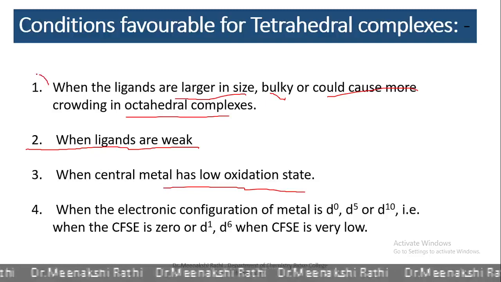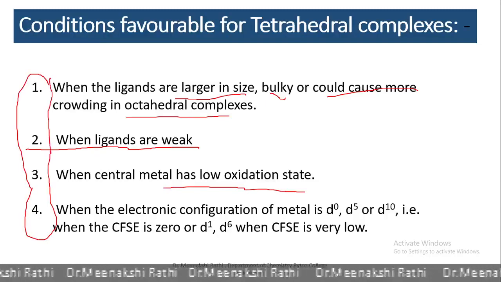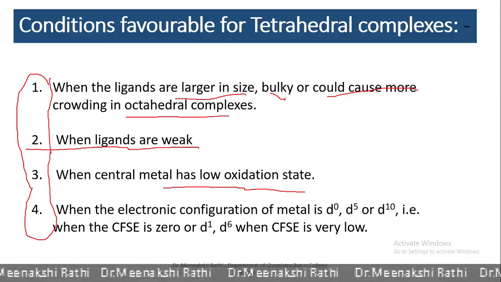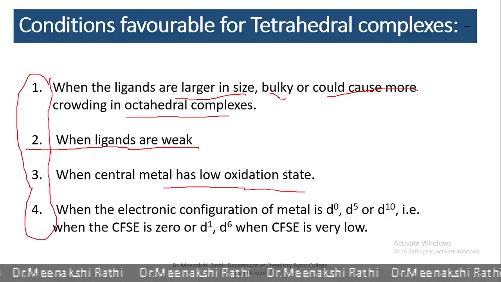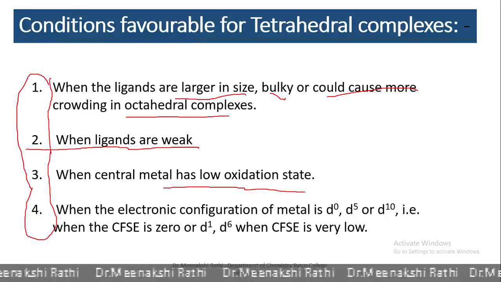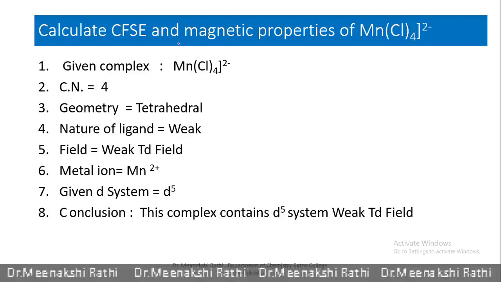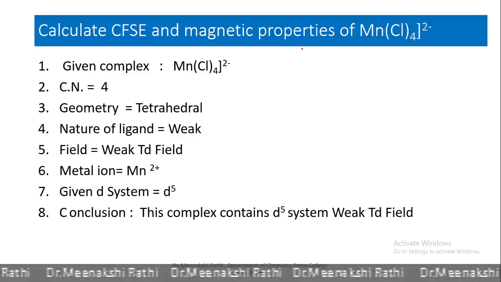So all these conditions favor the tetrahedral complex. One thing you need to remember, tetrahedral complexes are high spin complexes. Okay. Now in the next video, we will solve some problems based on calculating CFSE and magnetic properties of tetrahedral complexes. Thank you all of you.